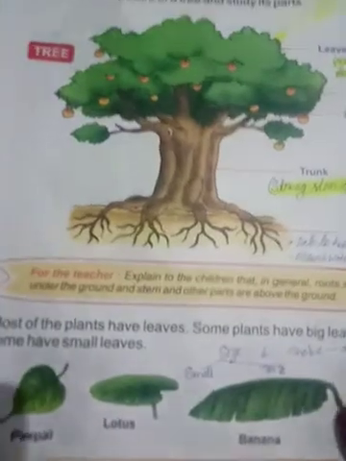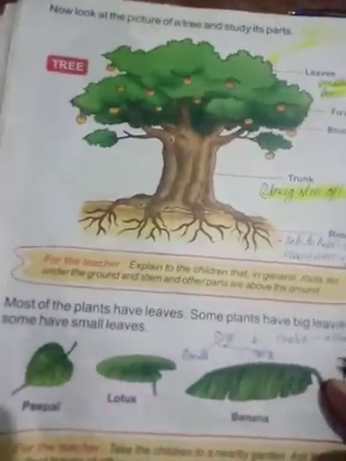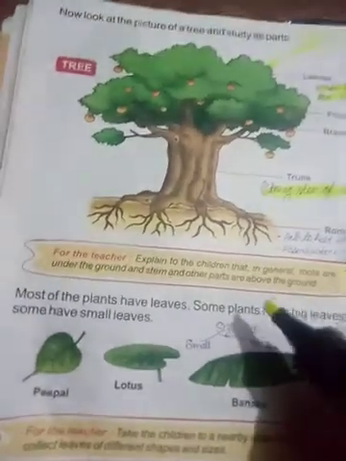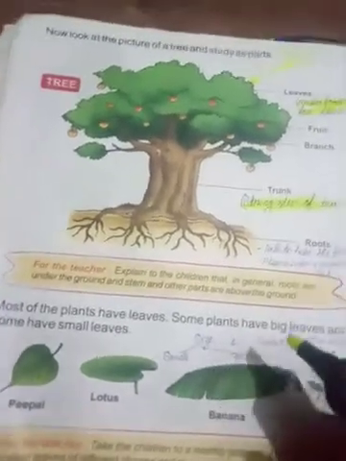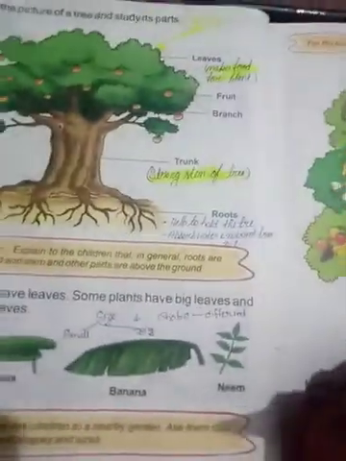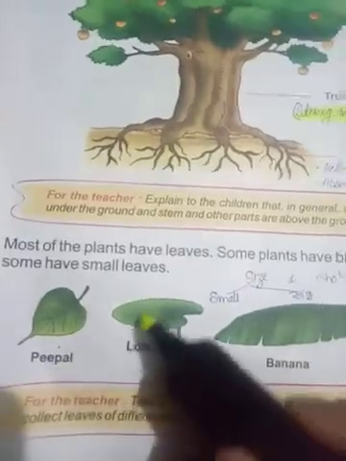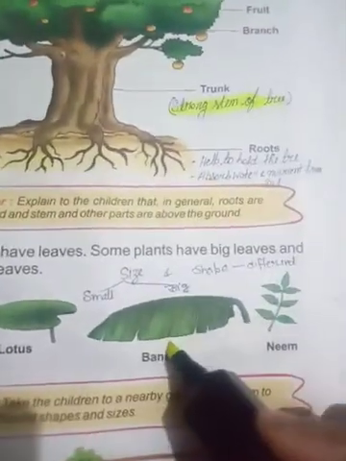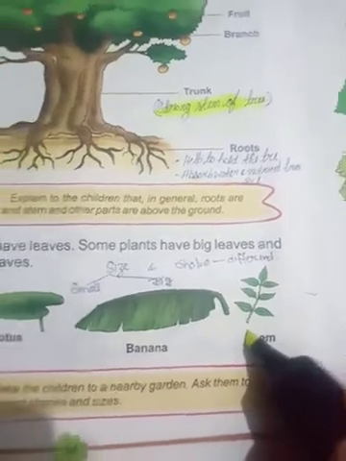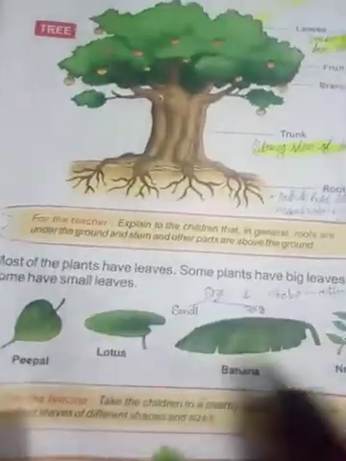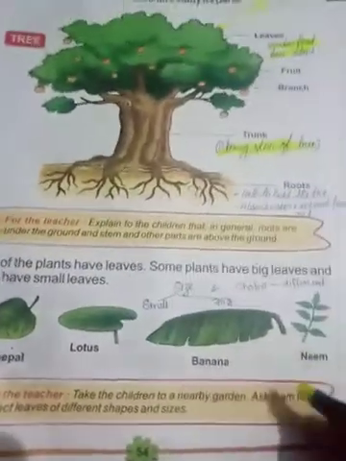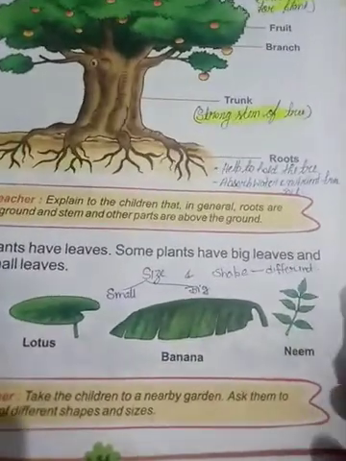Now we will see different types of leaves. You have seen they have different sizes and different shapes. You can see here: it is a peepal leaf, a lotus leaf, a banana leaf, a neem leaf. Other than these, you have many more ideas about leaves.